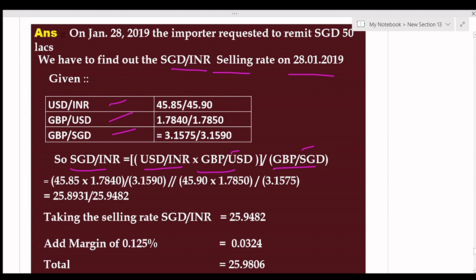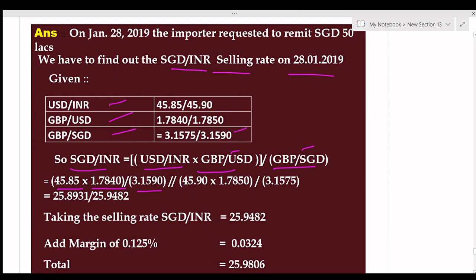Here you see 45.85 multiplied with 1.7840, because USD INR multiplied with GBP USD gives GBP INR, divided by 3.1590. This is the offer price of GBP SGD.